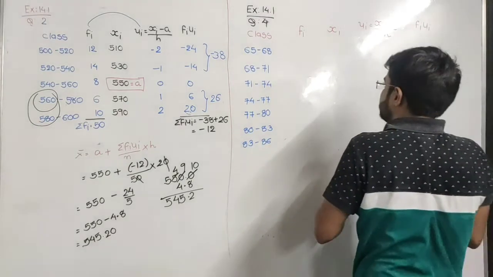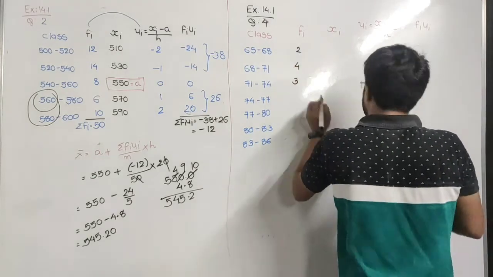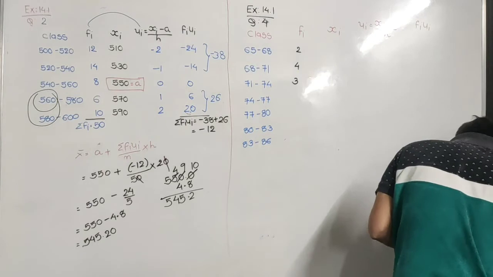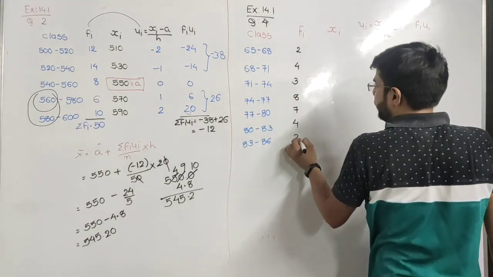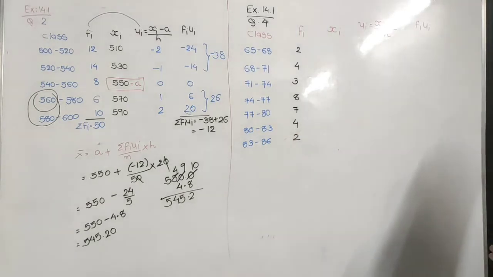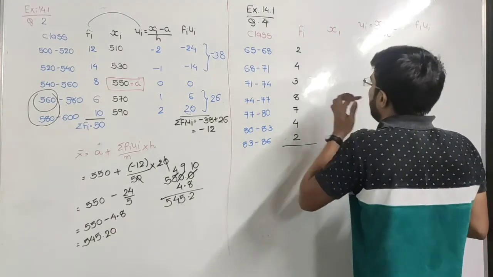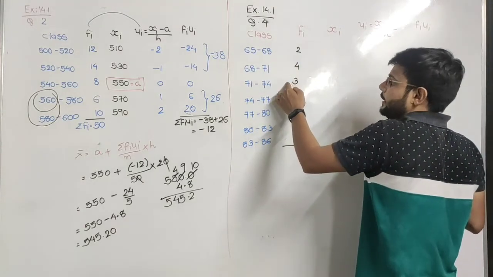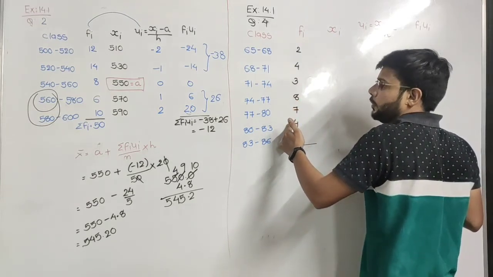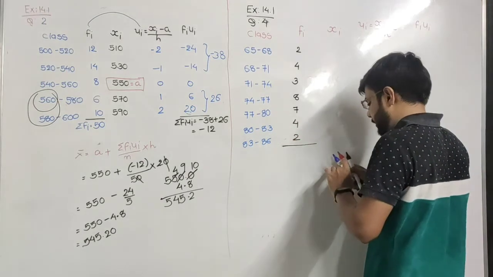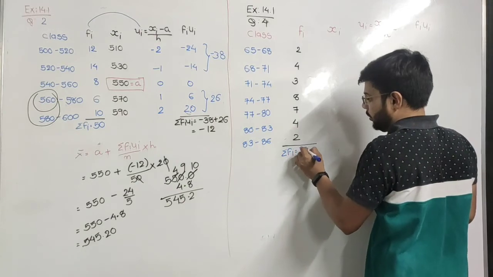The frequencies will be 2, 4, 3, 8, 7, 4, 2. Now if we take this total, this will be equal to 2 plus 4 is 6, 6 plus 3 is 9, 9 plus 8 is 17, 17 plus 7 is 24, 24 plus 4 is 28, 28 plus 2 is 30. That means sigma Fi is equal to 30.